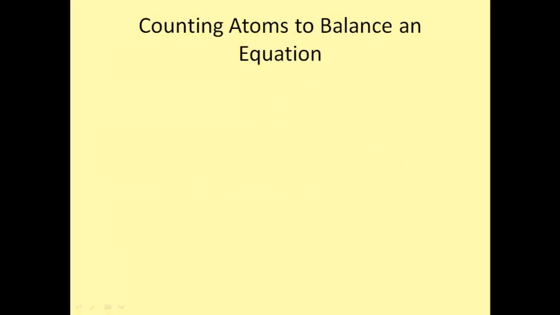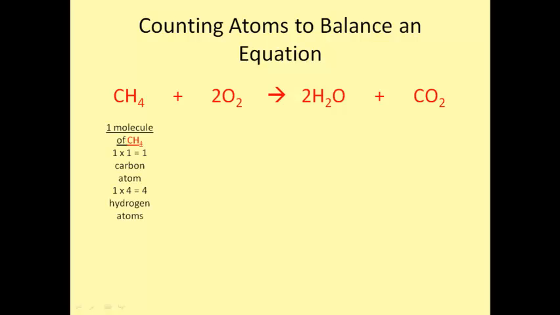Let's take a look at how atoms are counted to balance a chemical equation. We'll take this equation. Methane plus oxygen produces water plus carbon dioxide. This is a combustion reaction. It occurs whenever methane gas is burned in the presence of oxygen. The methane molecule is made up of 1 carbon atom and 4 hydrogen atoms. It looks like this.